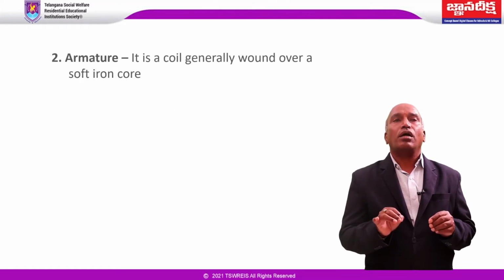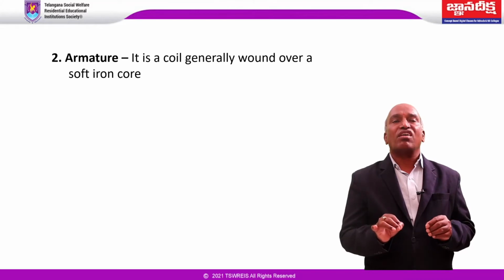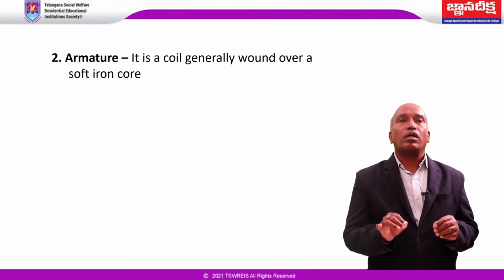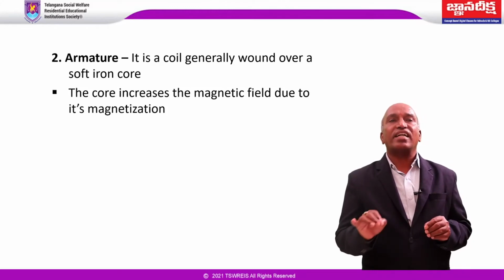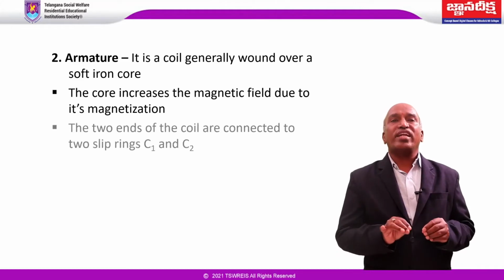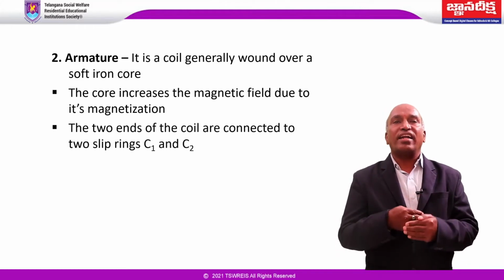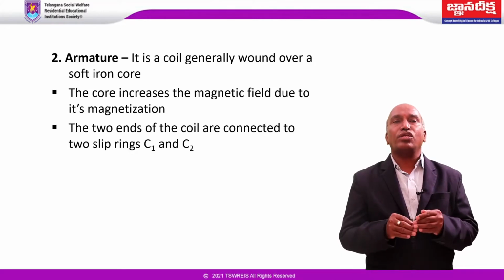Second part, armature. It is a coil generally wound over a soft iron core. The core increases the magnetic field due to its magnetization. The two ends of the coil are connected to two slip rings C1 and C2.